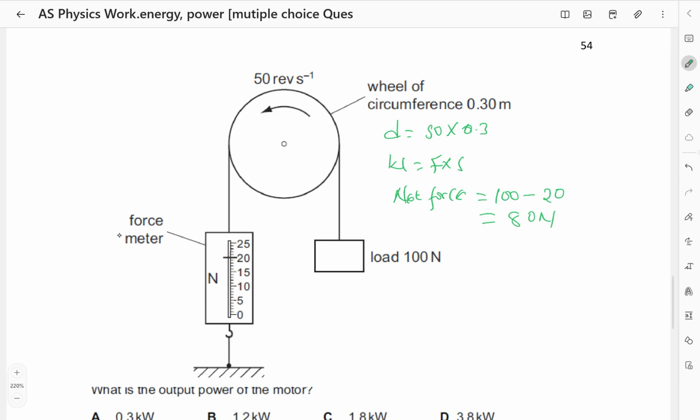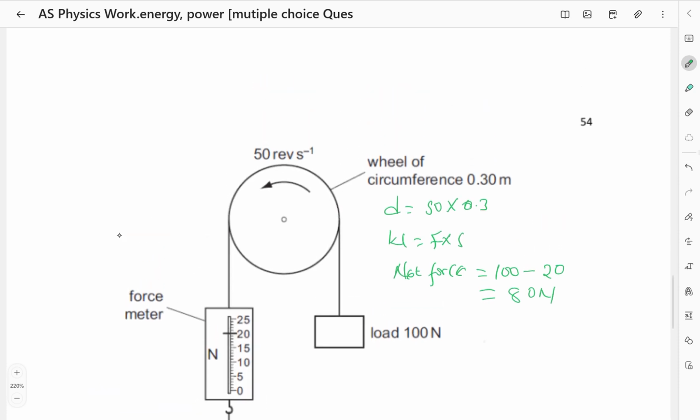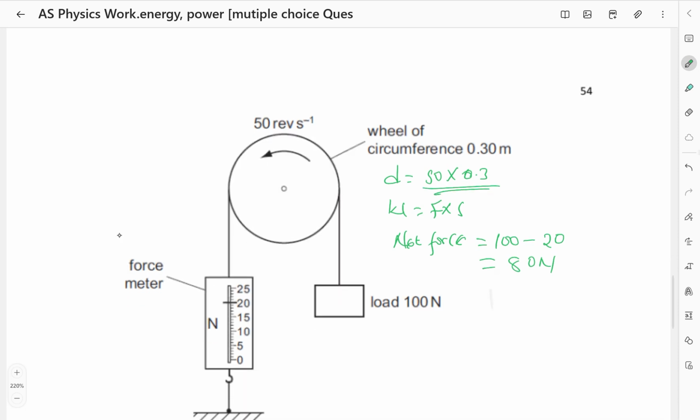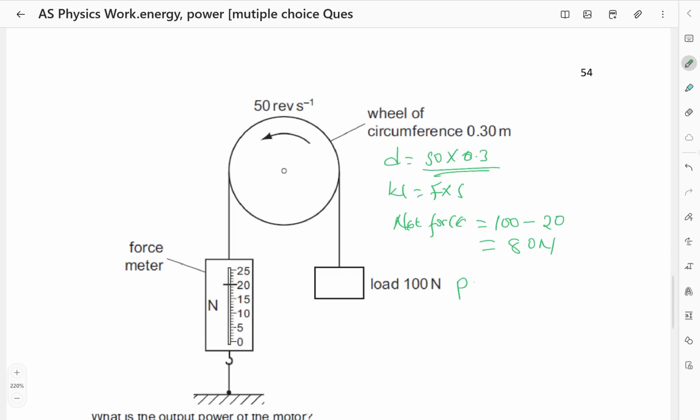So I want to find the output power of the motor. Since in 1 second the distance covered is this, then the power is simply going to be equal to 80 times 50 times 0.3, because remember this is per second.